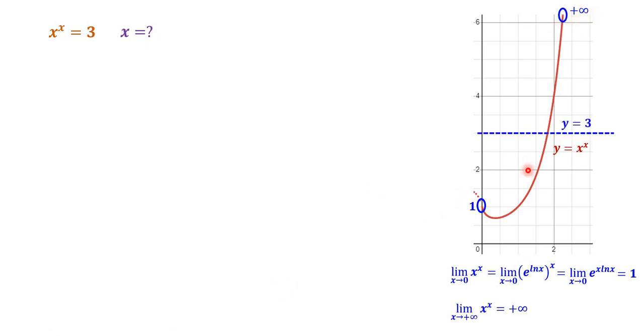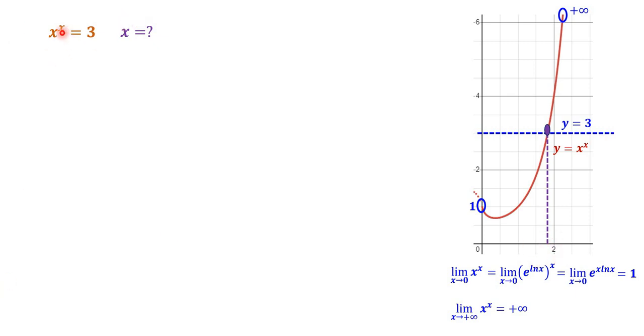And here is the straight line y equal to 3. You see clearly that there is only one intersection of the straight line 3 with the graph of x to the power of x, and the corresponding x value is less than 2, 1 point something. So we are going to figure this out.